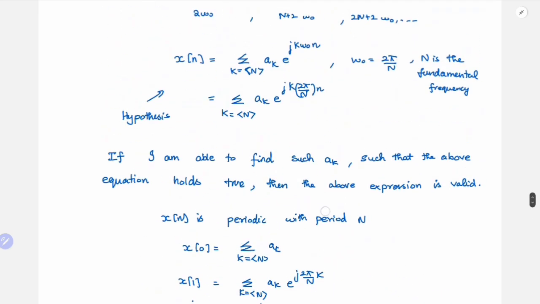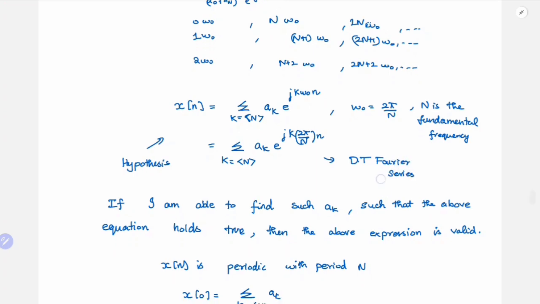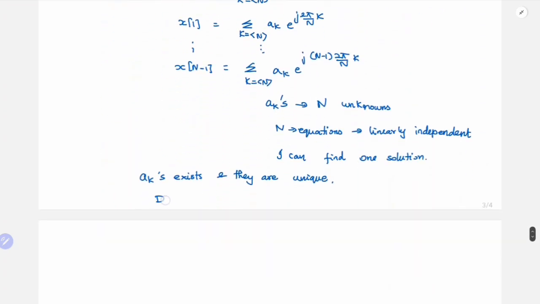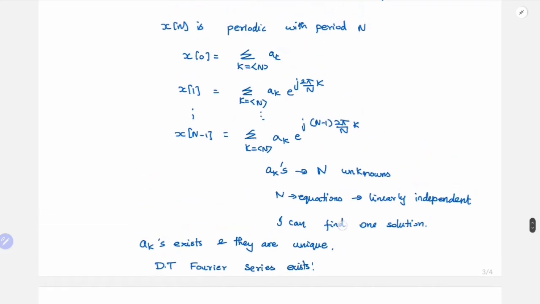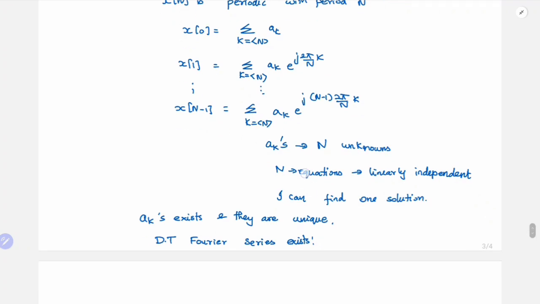So then we can say this is also called the discrete time Fourier series. So then I can say my DT Fourier series exists. But it is not always the case that you have to lay down these N equations and then try to solve. There is a simple way.